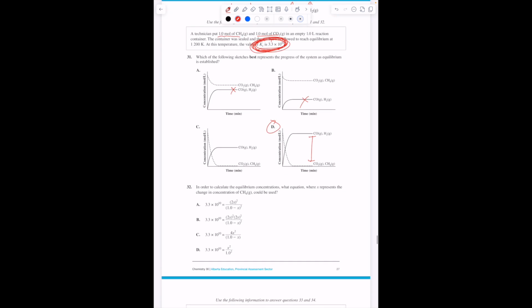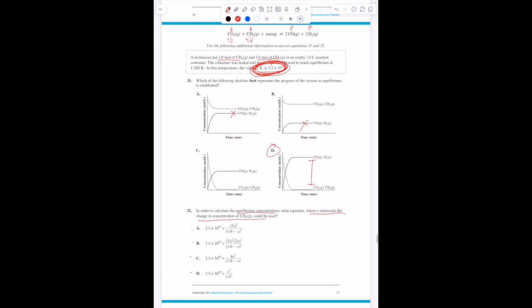Now, in order to calculate the equilibrium concentrations, we're going to need an ICE table where X represents the change in nature. Okay, so they want us to know which one of these is correct. Okay, well, you know what I'm going to do?